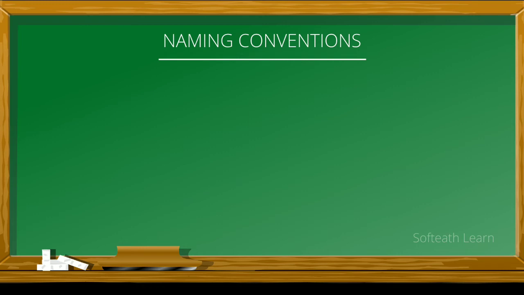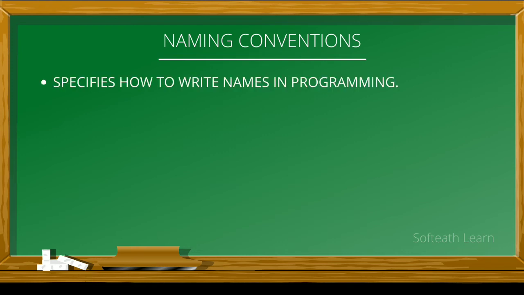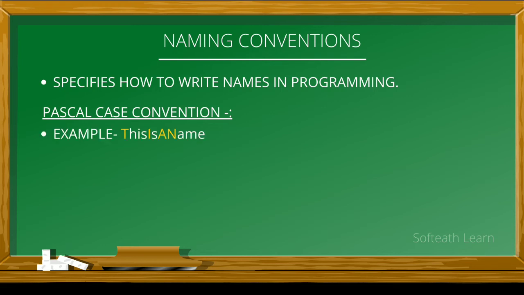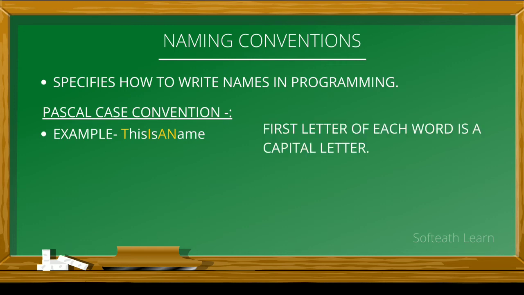Now let's see some naming conventions. The naming conventions are general in programming, not only in Java. Actually, they specify how to write names in programming. First of all, we have the Pascal case convention. Suppose we are typing a word in Java, let the word be "this is a name". Using the Pascal case convention, the first letter of each word will be capital.